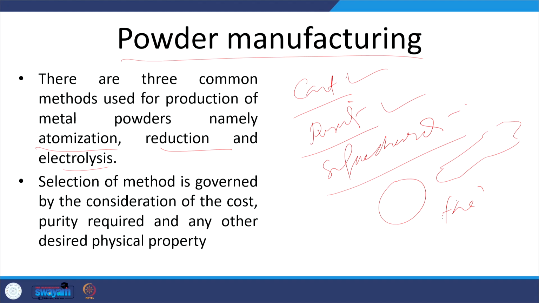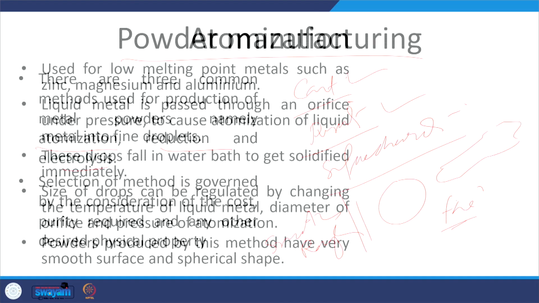In a few methods it is very smooth, and in other methods it is very rough. So, based on the requirement of the powder particle characteristics, we choose the suitable powder manufacturing method.